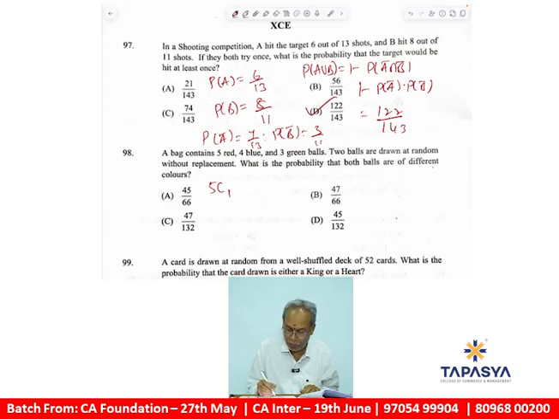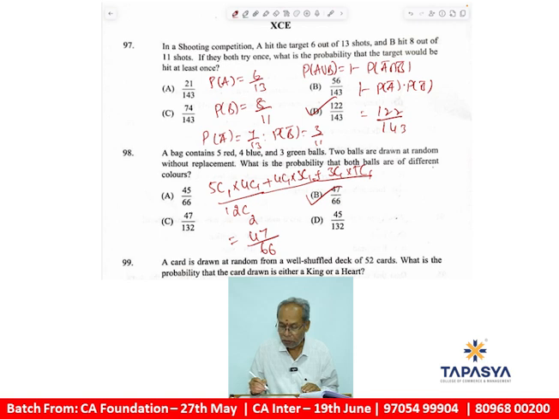First, red and blue: 5C1 into 4C1, by 12C2. Again, take this plus 4C1 into 3C1 plus 3C1 into 5C1, divided by 12C2. Simplifying, you will get 47 by 66. So the right answer is B.